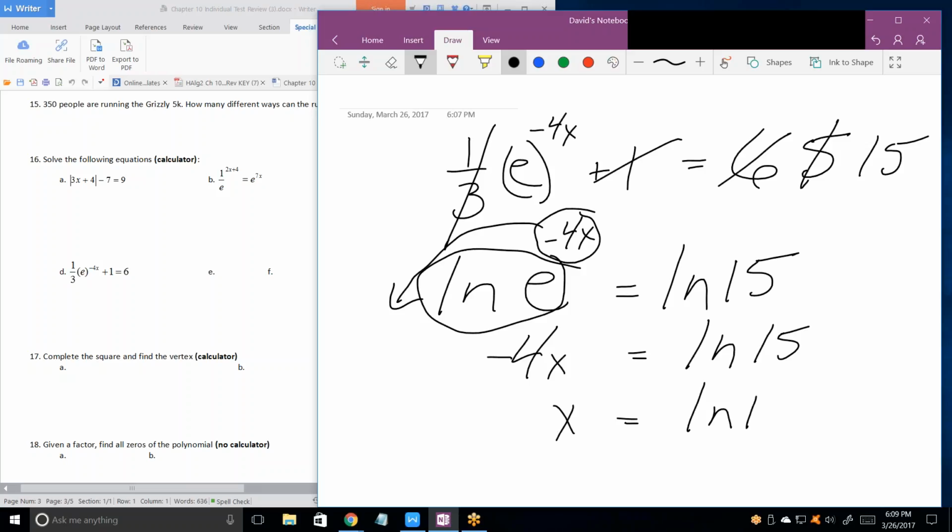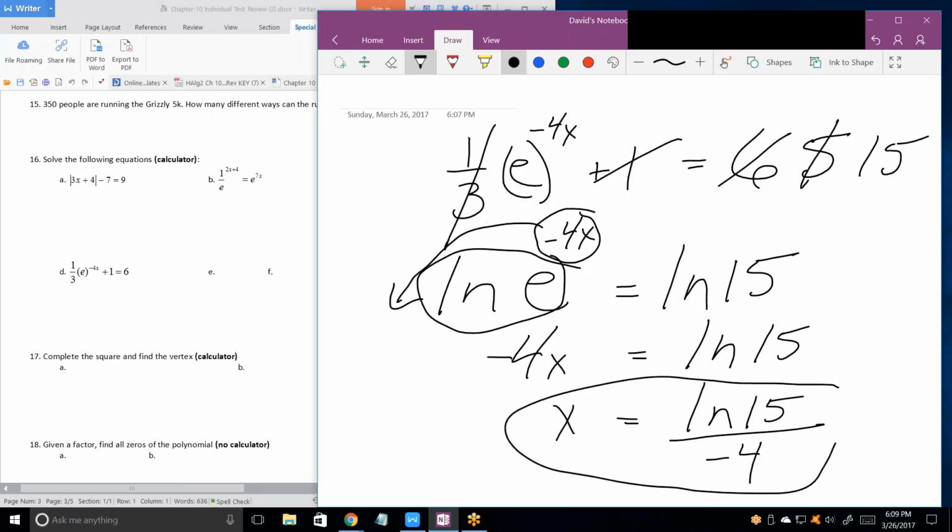It's rare that it matters. Usually you can take any log you want. But notice this answer is a little bit prettier than if we'd have used another log. If we'd have used another log, we would have had log of some number divided by some number times log of another number.